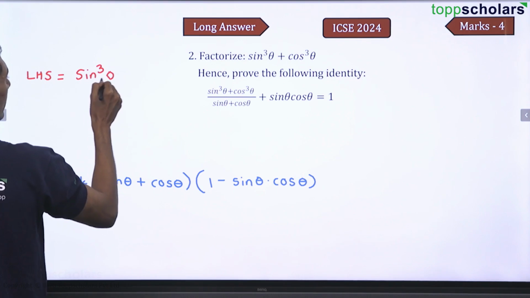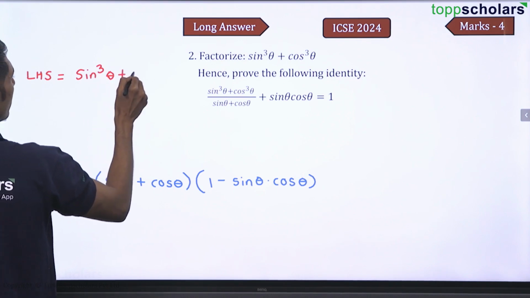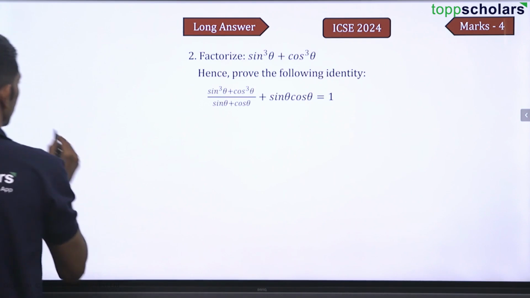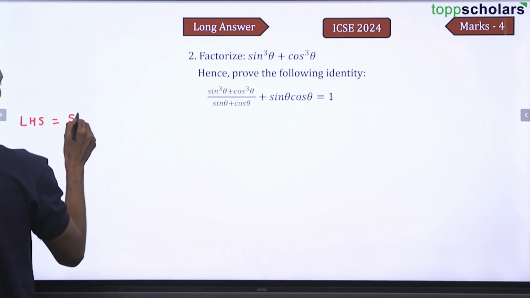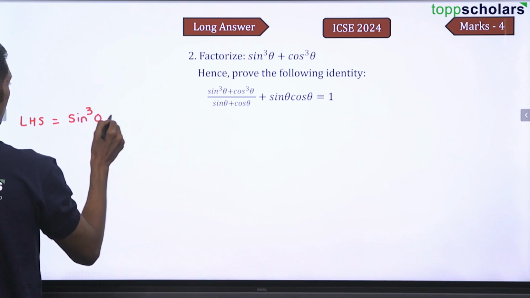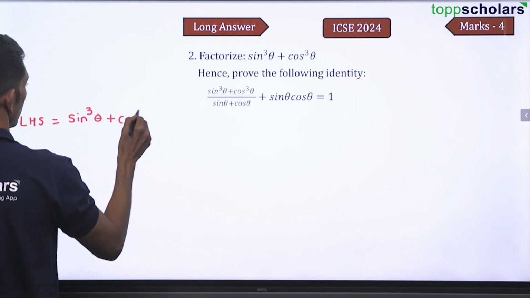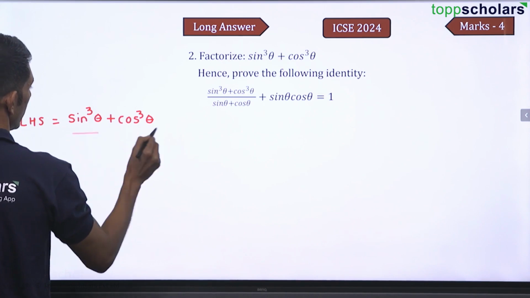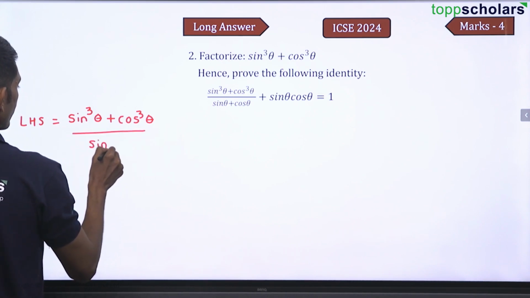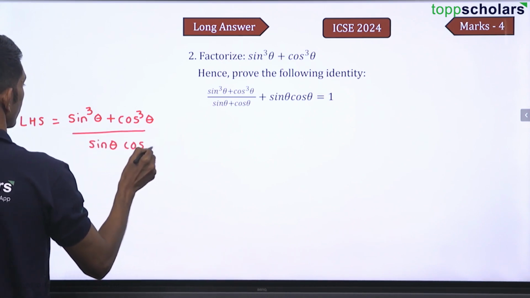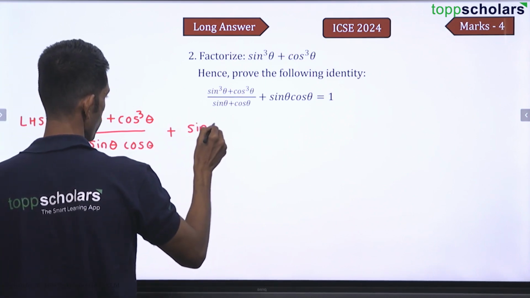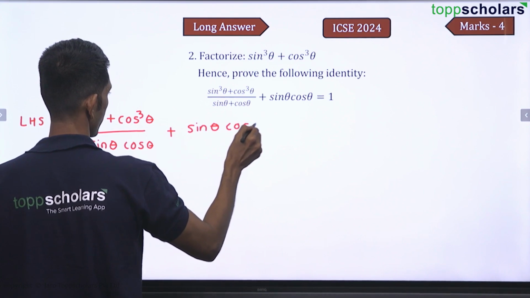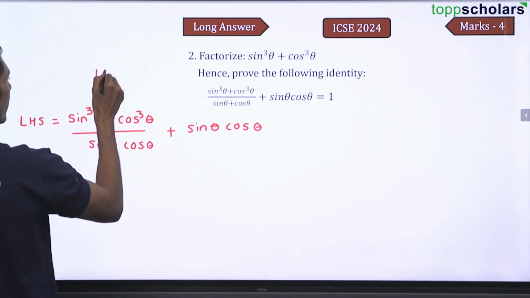sine cube theta plus cos cube theta divided by sine theta plus cos theta, plus sine theta cos theta. This is your LHS, right?